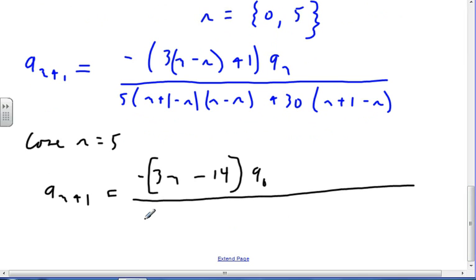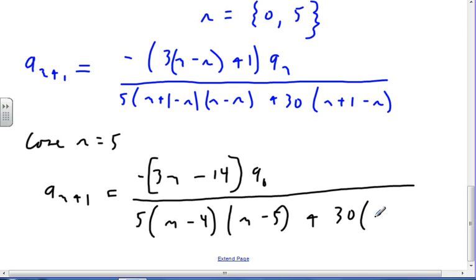On the bottom, I have 5 times n minus 4 times n minus 5 plus 30 times n minus 4.